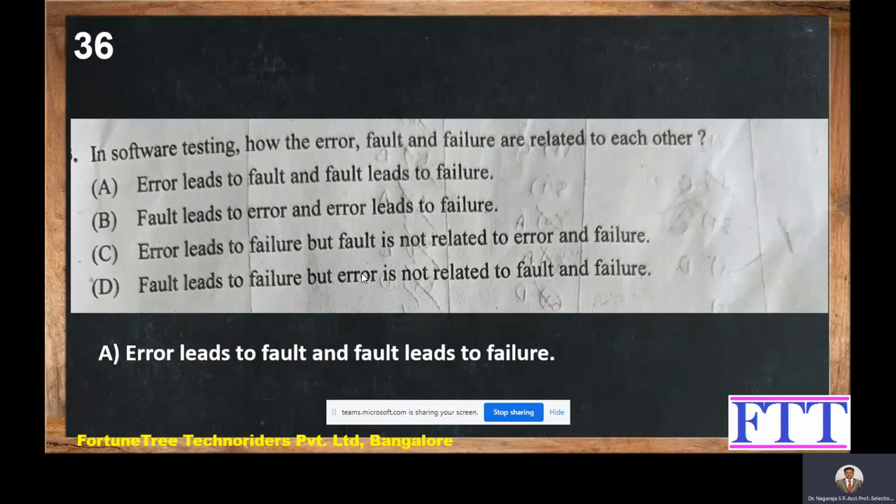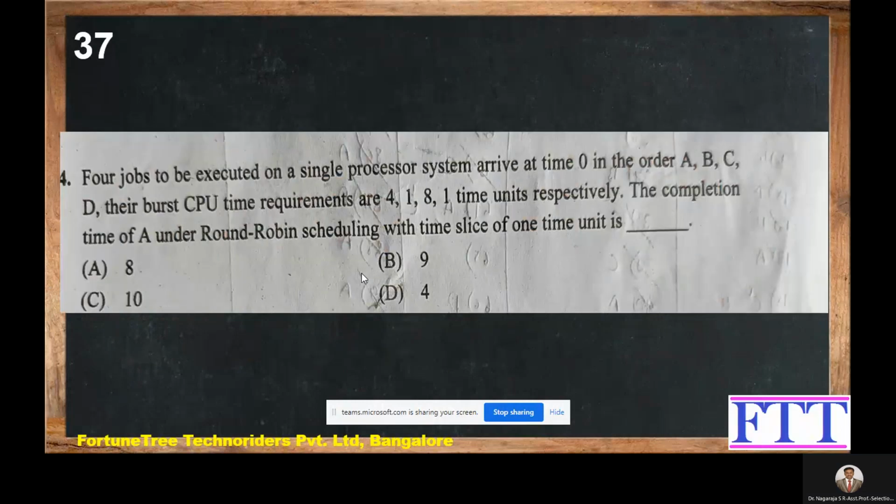So 37th question. 4 jobs to be executed on a single processor system arrive at time 0 in the order A, B, C, D. Their burst CPU time requirements are 4, 1, 8, 1 time units respectively.